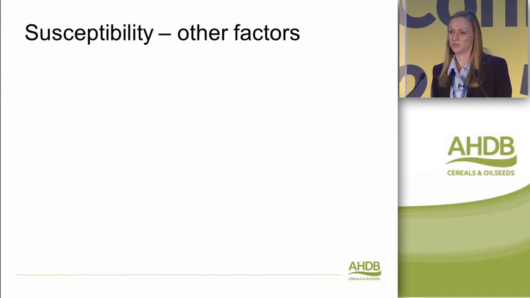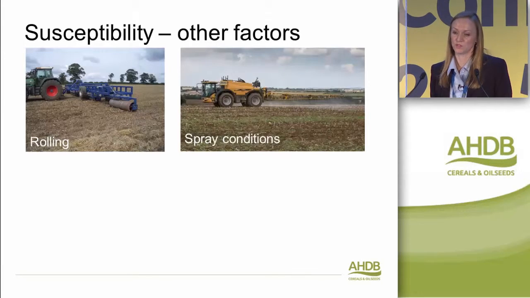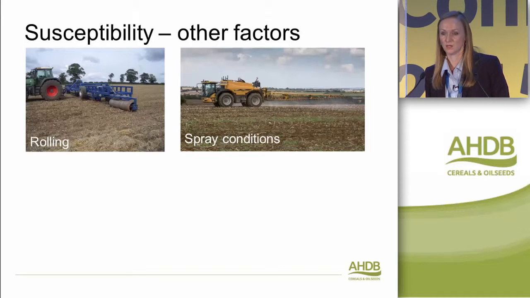So they also noted some other factors which it's worth pointing out. The first one was rolling. So the seedbed quality and consolidation, so enabling the crop to get a better start. Other one was the spray conditions, so if they were going out and spraying, to spray when the conditions were optimum for the pest, so when it was dry, warm and still.